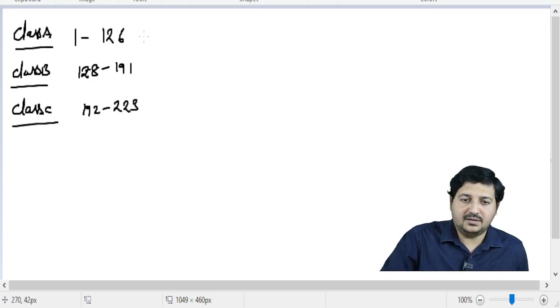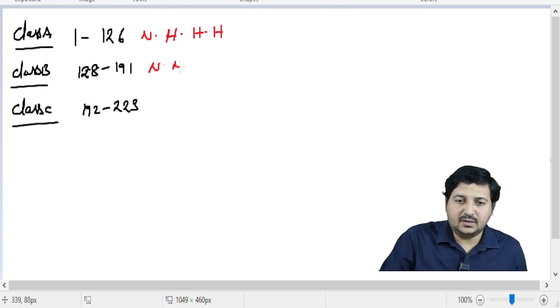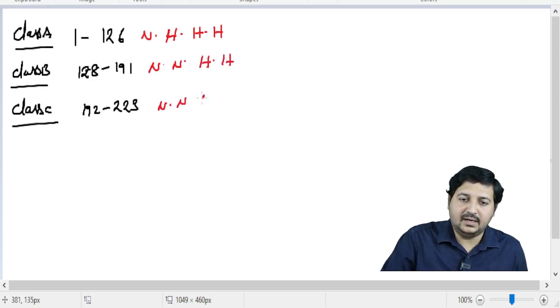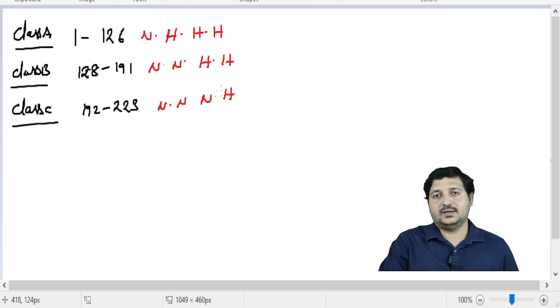And then what is the size? Network, host, host, host. This one is network, network, host, host. This one is network, network, network, host. So these are the sizes.